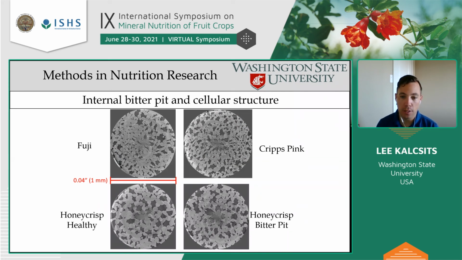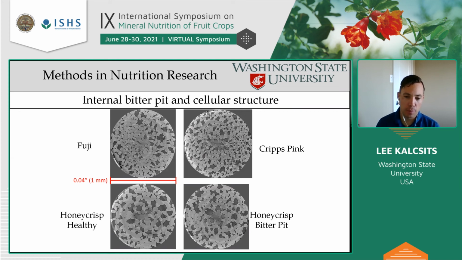And right away you can see in Fuji and Crisp Pink, the fruit is more dense and the cells are much smaller. And in Honeycrisp, the fruit is larger, so cell volume is almost 3 times higher for Honeycrisp than it is for these other varieties. And there's much more airspace as a result.